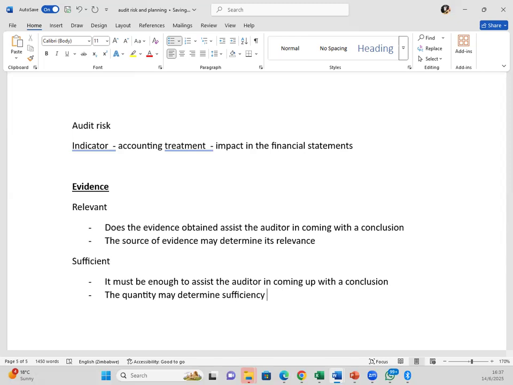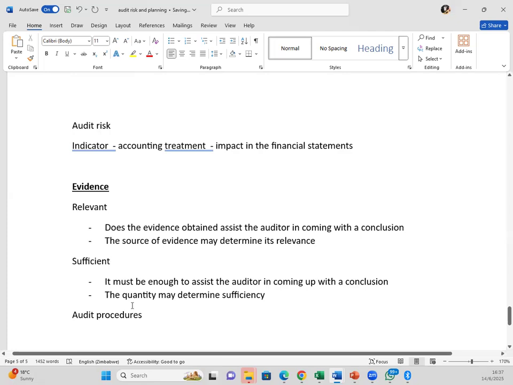Okay, so now the subheading, audit procedures. The auditor has to conduct procedures to gather evidence.